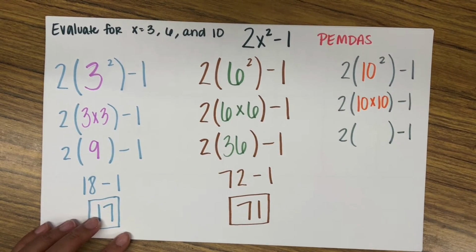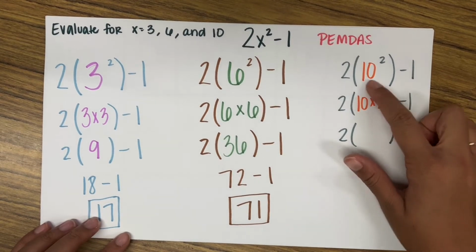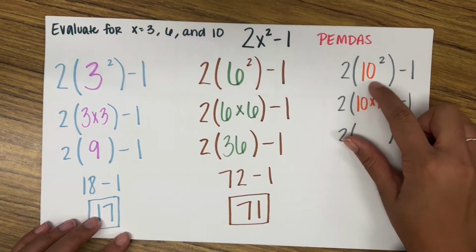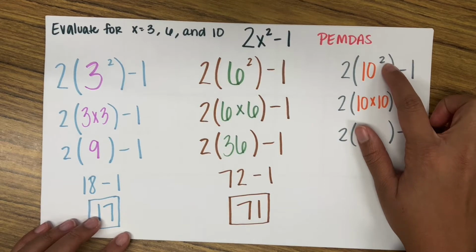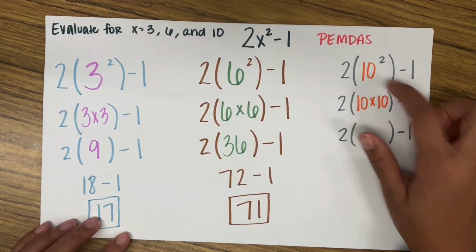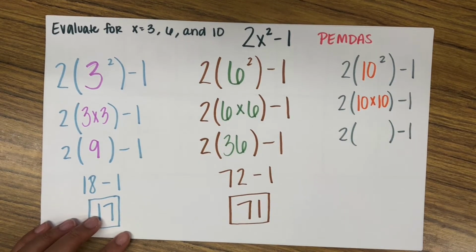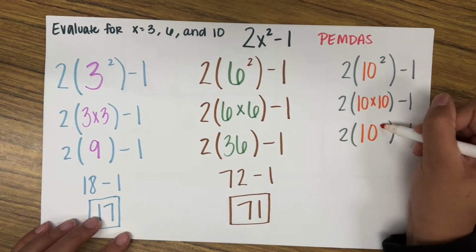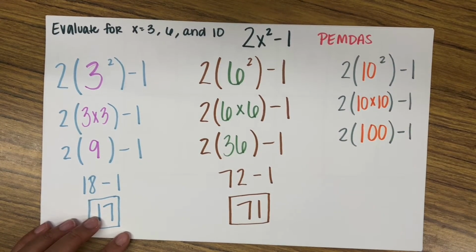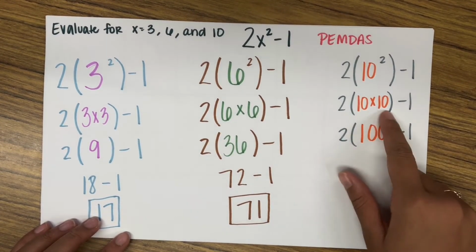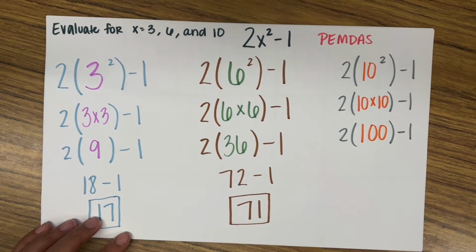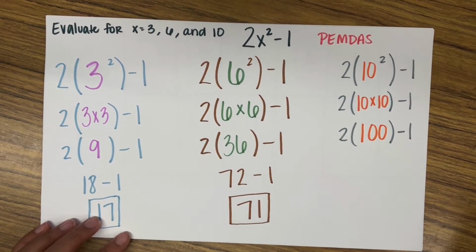A quick trick: anything with a base 10 with any exponent, that exponent tells you how many zeros you're going to have. So using that logic, I will have 2 zeros. You might also just know that 10 times 10 is 100 due to your multiplication chart.